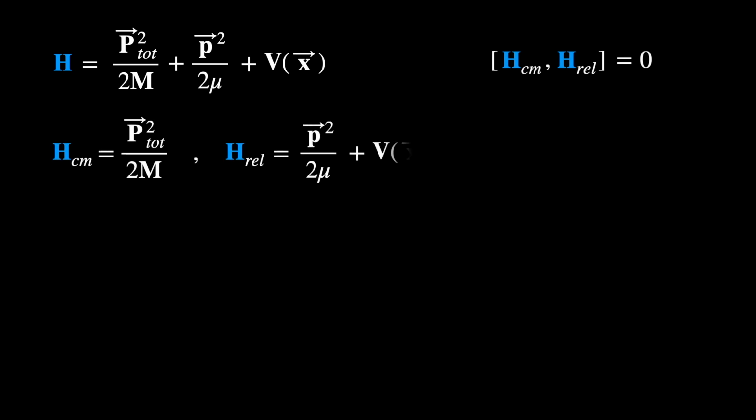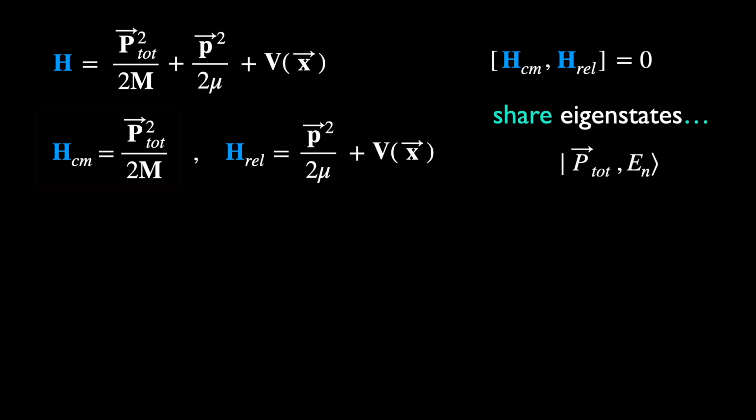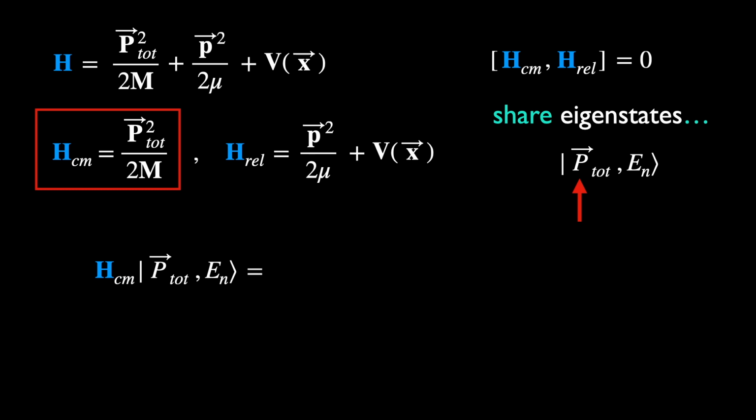We now move on to the eigenstates of this Hamiltonian. Since hcm and h relative commute, they must share the same eigenstates. The part of the joint state which is the eigenstate of Hcm is just an eigenstate of the total momentum, as this part undergoes free motion, being driven by only its kinetic energy.